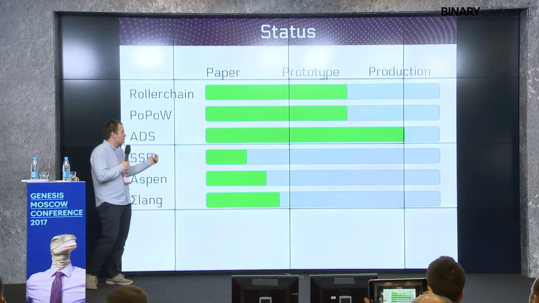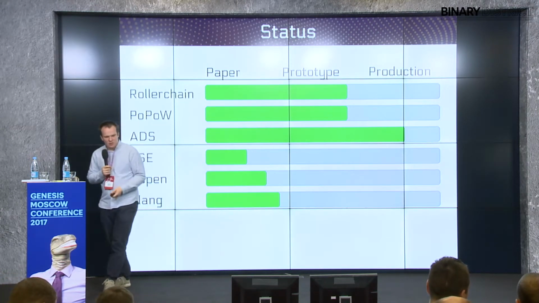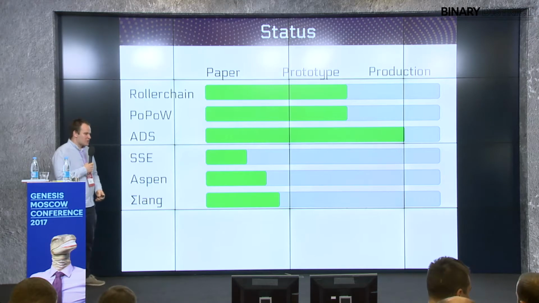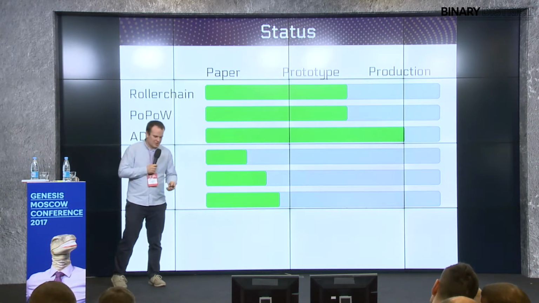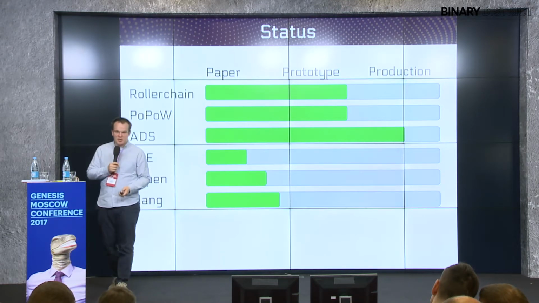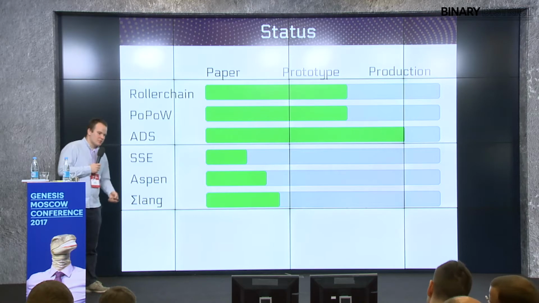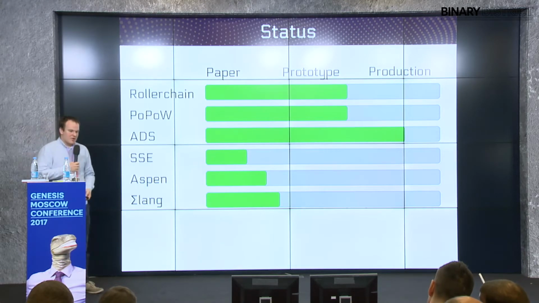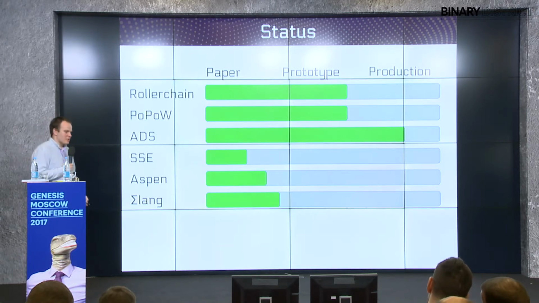The paper was presented this year. We just saw it recently. And the transactions language is also just a paper and some beginning of prototyping. But for sure we will prototype it soon. I think it's the most interesting and recent research we are going to do.